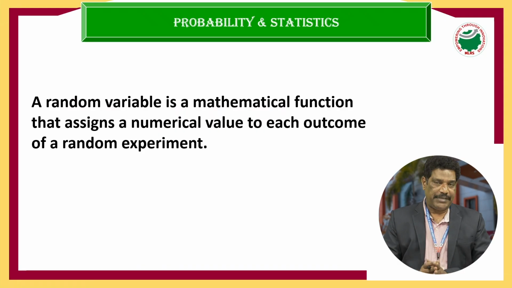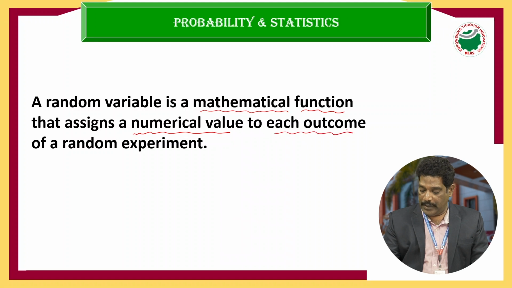Simply as a definition, a random variable is a mathematical function that assigns a numerical value to each outcome of a random experiment.